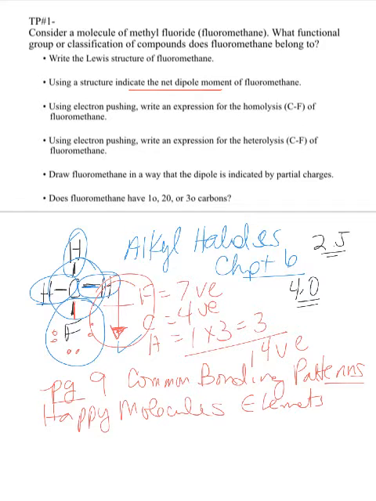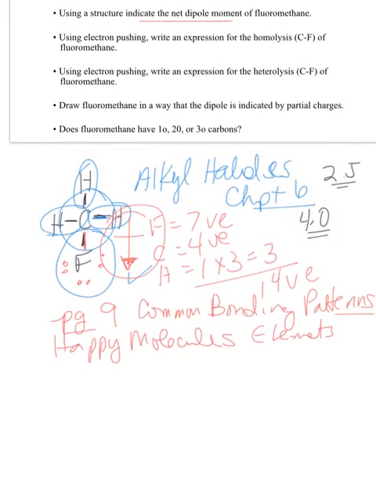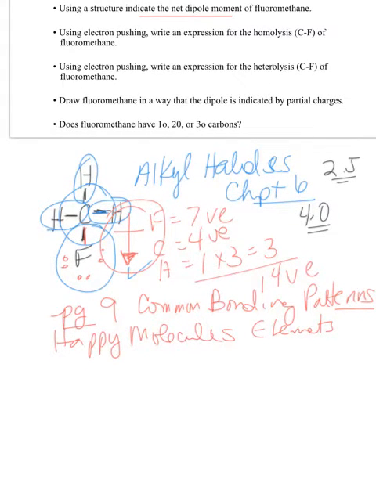Using electron pushing, write an expression for the homolysis of the C-F bond. Now this is vocabulary once again. Homolysis is when a bond breaks. One of the electrons in this bond will go towards fluorine, you see the half arrow, and the other one will go towards carbon. This happens in free radical reactions.